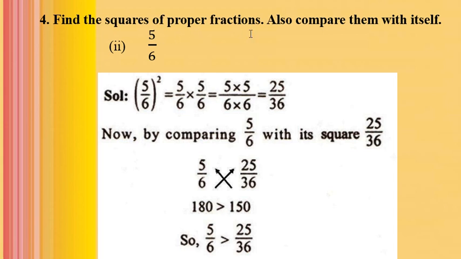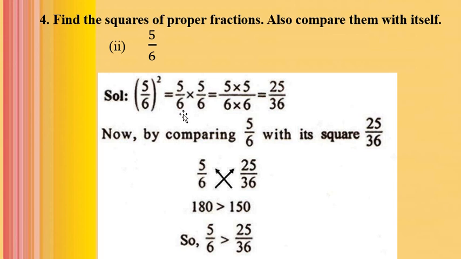Find the square of the proper fractions and also compare them with itself. Question 4, part number 2 is given to us, that is 5 by 6. We will take the square, that will be 5 upon 6 to the power 2. It means the same number is multiplying with itself.